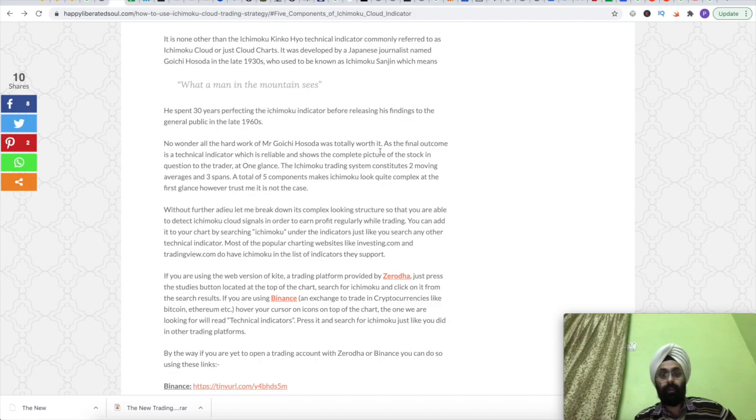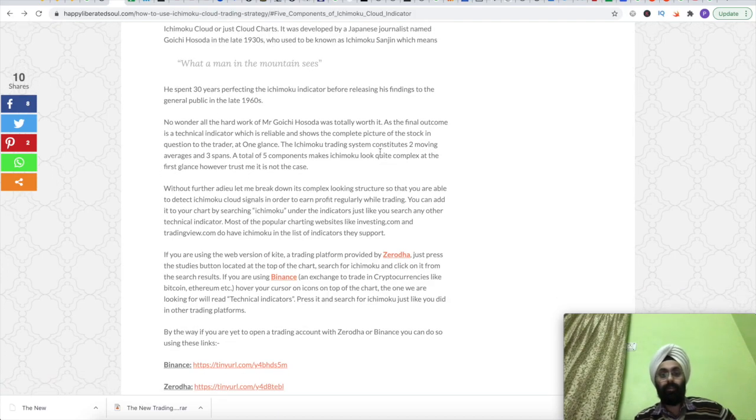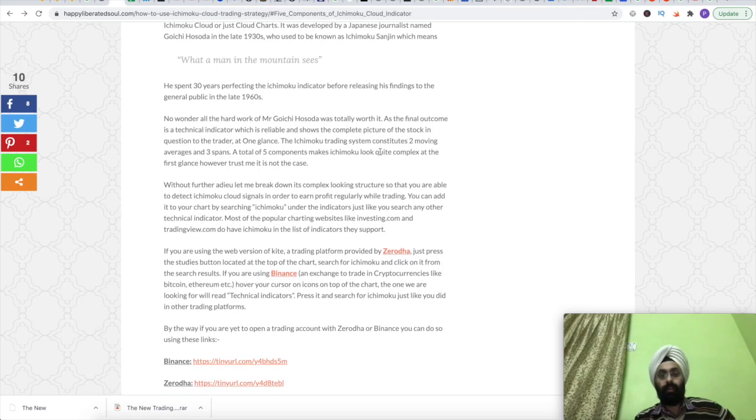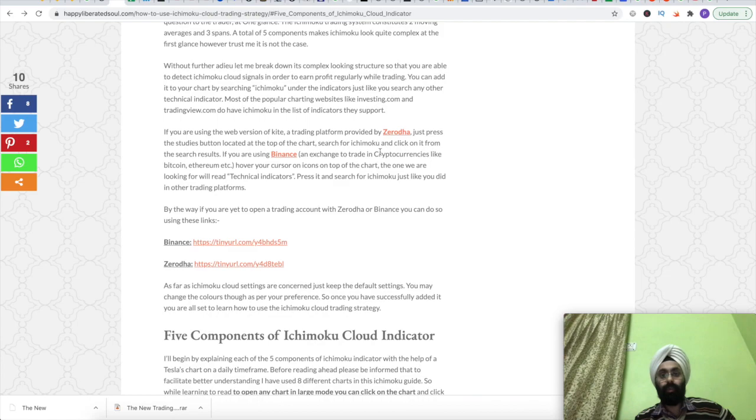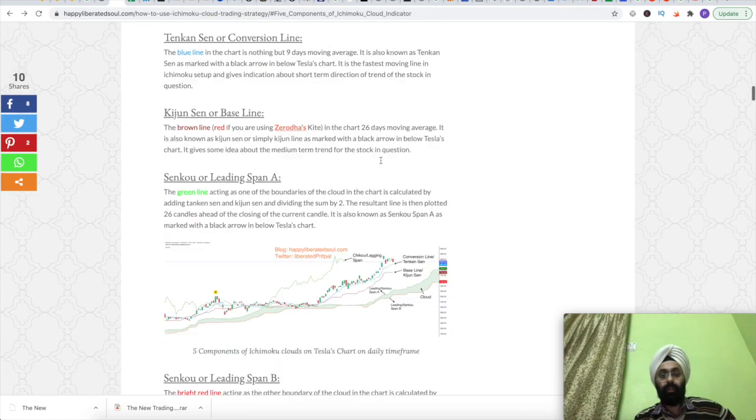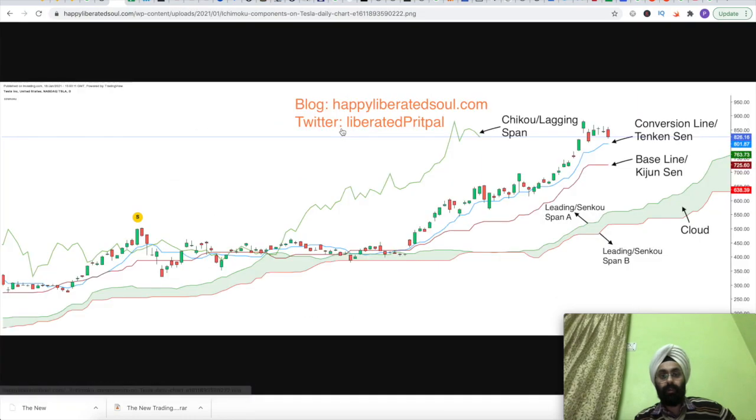It is a very reliable technical indicator, and it gives you a complete picture about the stock at a single glance. Then we covered the 5 components of Ichimoku. Although initially they looked quite complex, now after knowing each and every component, you will be in a better position to interpret the chart.